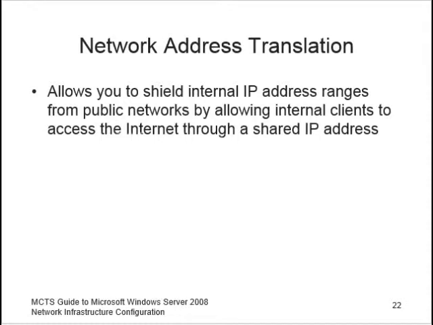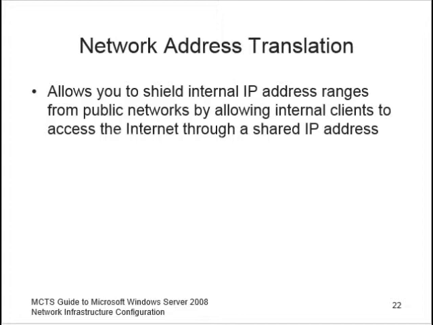Implemented by Windows Server 2008 Routing and Remote Access Services, NAT is a protocol that enables a private network to connect to the Internet. The NAT protocol translates internal private IP addresses to external public IP addresses, and vice versa.